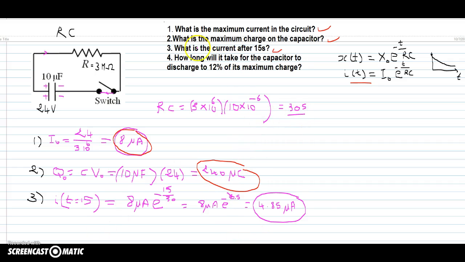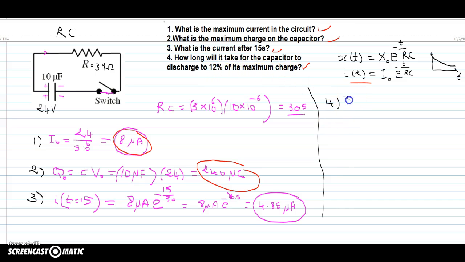All right, number 4. I'm going to use this one here. Now, here you have to pay attention. Very likely you are going to have a question like this. So, here is the question. How long will it take for the capacitor to discharge 12% of its maximum charge?